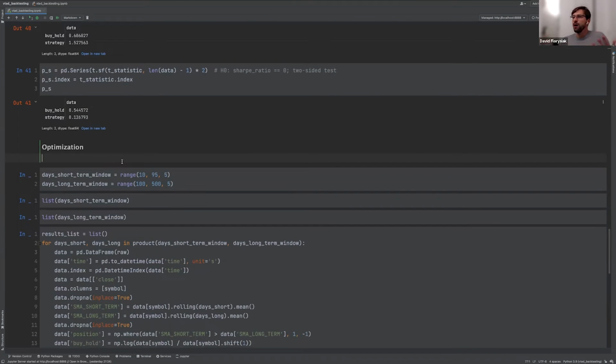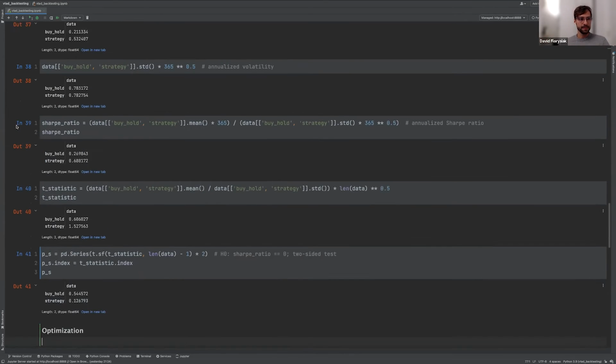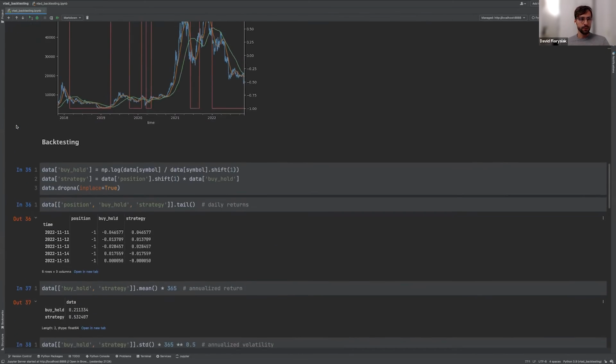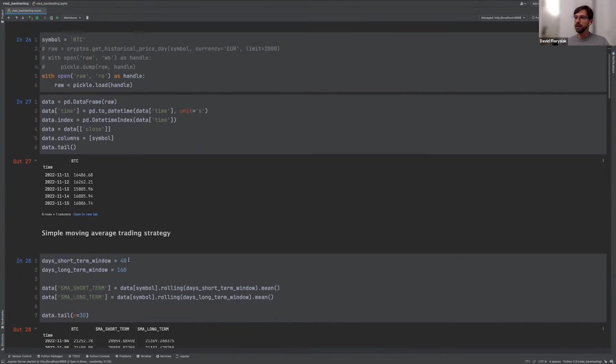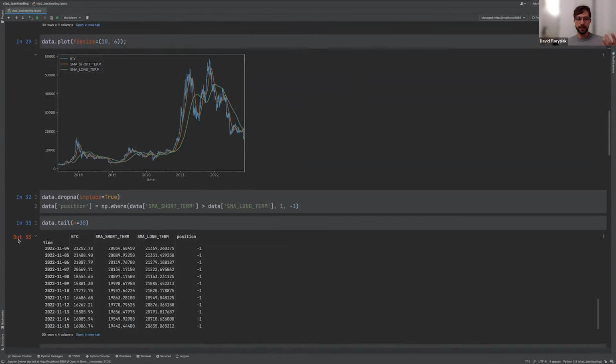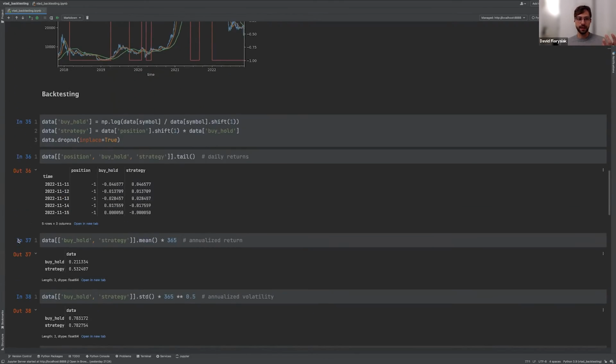All right, but now we chose these window lengths, let me show you, we set them to 40 and 160. So let's see if we change them, whether we can get a better result in the backtesting.